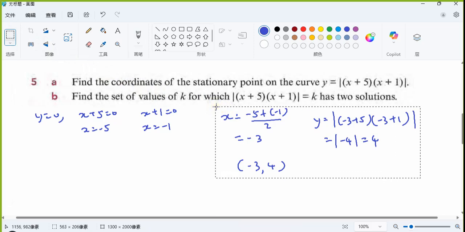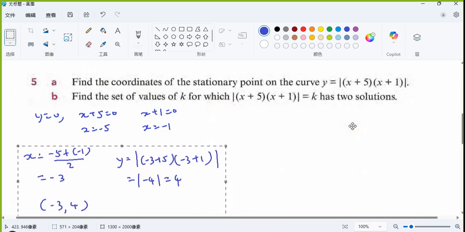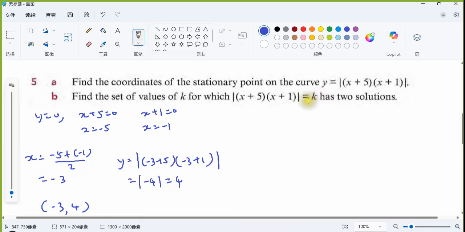Next, find the value of k for which this graph has two solutions. Okay, so we know that with negative 1 and negative 5, the graph will be like this.